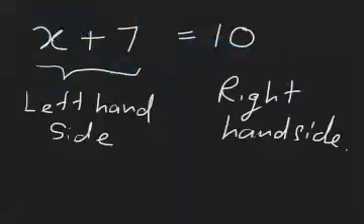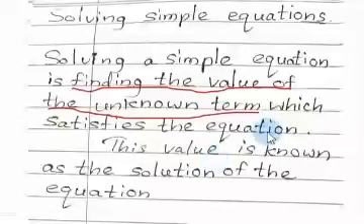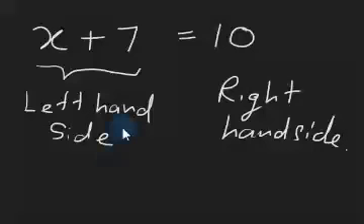Okay, again we will move to our previous note. This value is known as the solution of the equation, which means when we find the value for x, that is known as the solution of this equation.